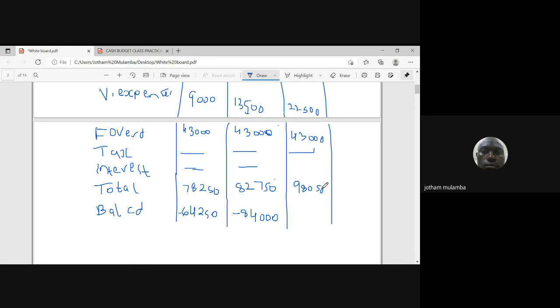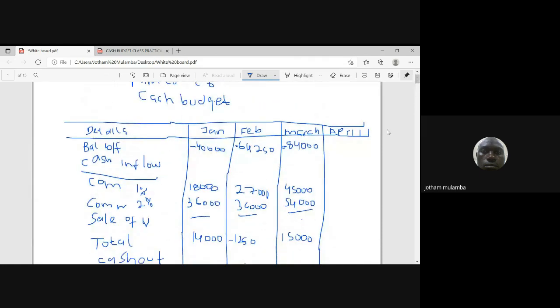What's the balance? Negative 83,050. So this is negative, and that becomes our opening balance.